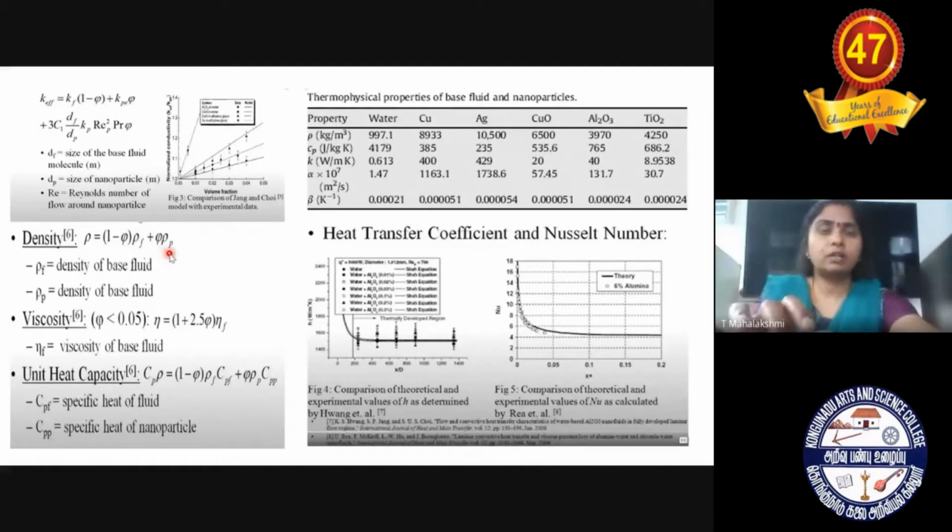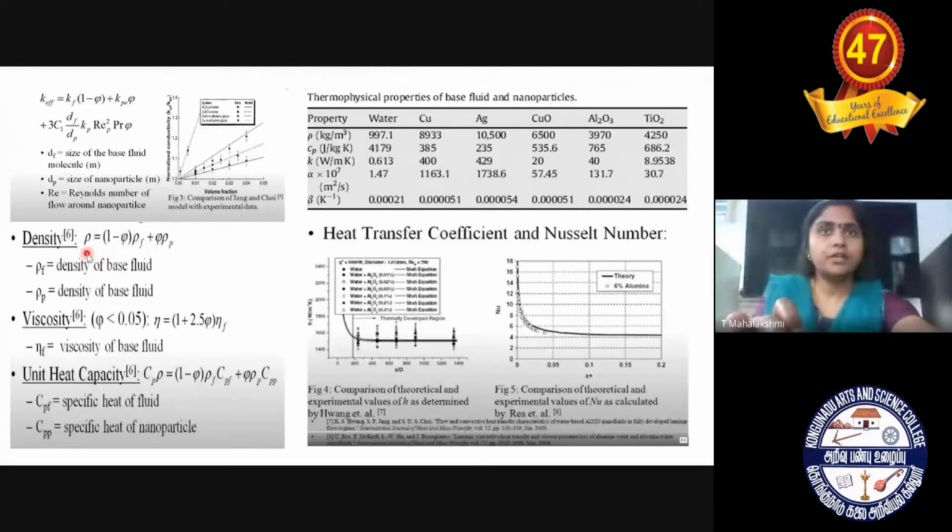Now we move to the second term, phi with rho p. Here phi represents the solid volume fraction of the nanoparticle, and rho p represents the density of the nanoparticle. So by adding these two terms, we will get the density of the nanofluid, which is the density of the base fluid plus the density of the nanoparticle.